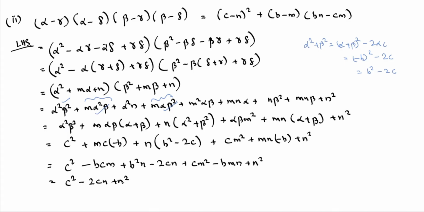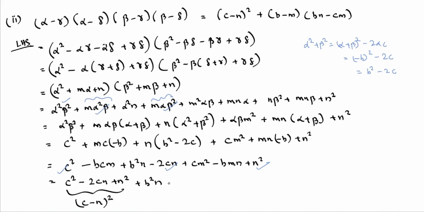Now you can see if you actually expand this, this is equal to c minus n whole thing squared, which means we have taken this, we have taken this, and we have taken this. Now out of this, I need b squared n first. If you multiply this, you will have b squared n. So this term should come first. If I multiply this by this, I will have minus bcm.